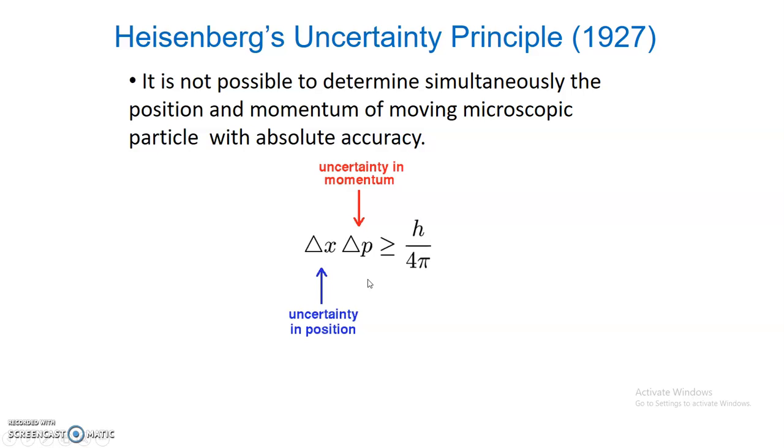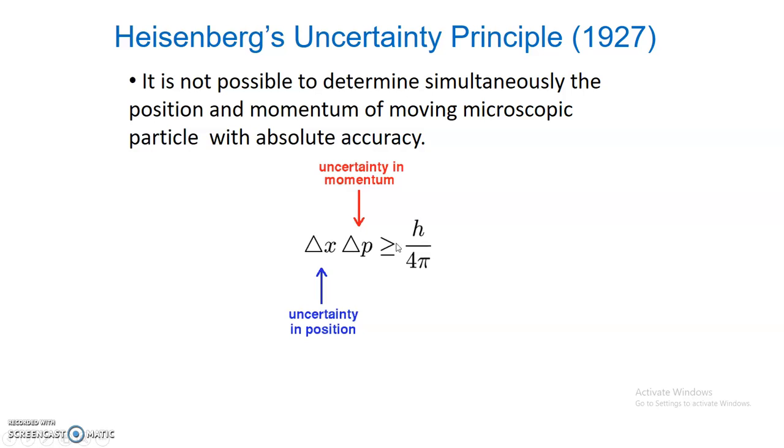On the other hand, when delta p is small, this uncertainty in momentum is small, meaning the momentum will be measured somehow accurately or with less error. At the same time, at a given moment, there will be high uncertainty in position, that is position will not be measured with accuracy.